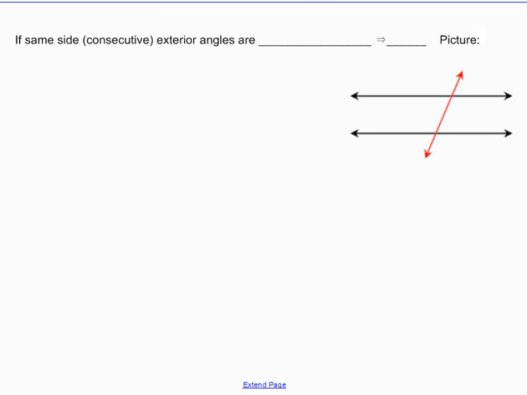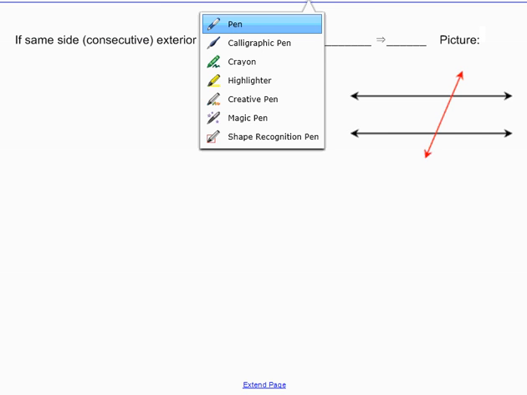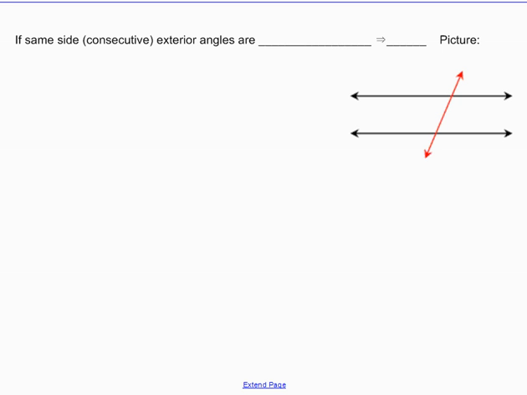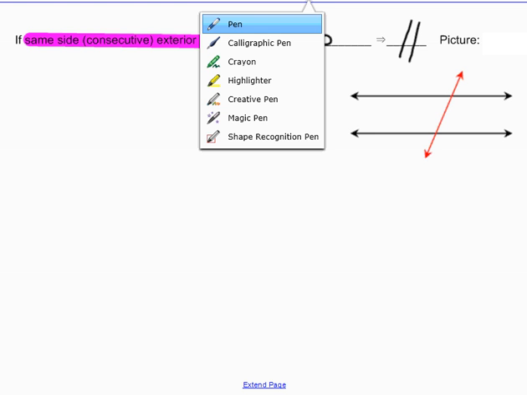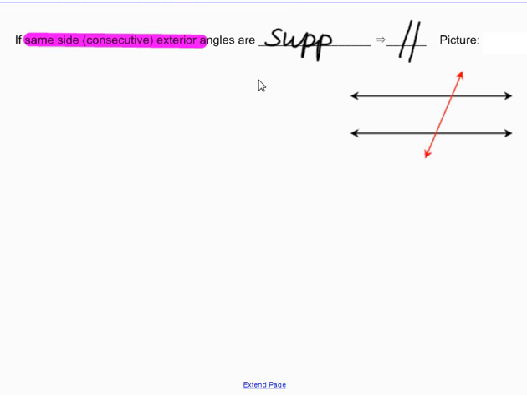Same side exterior angles. Same side would have to be supplementary, SS, supplementary, to be parallel. So, exterior angles need to be on the outside of the parallel lines, and we need them to be supplementary.